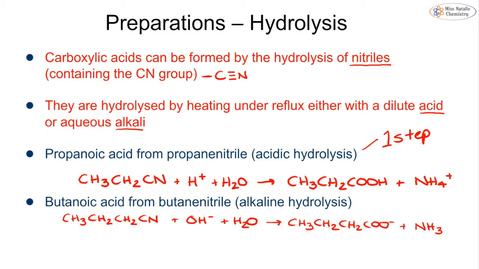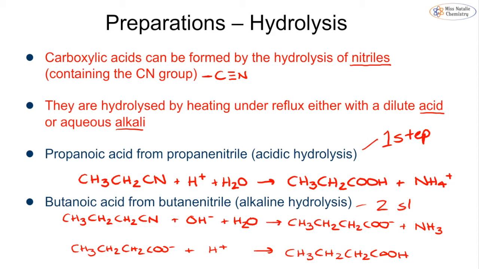Now, of course, the carboxylate is not our preferred product, therefore we have to convert this, so it requires a second step where we take our carboxylate and we react it with a small amount of an acid, again any strong acid, typically hydrochloric, and this time we will convert it into our carboxylic acid, and in this case it is butanoic acid.